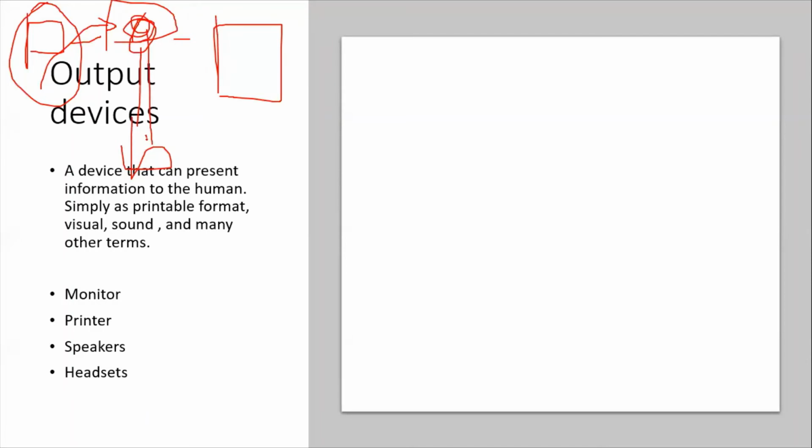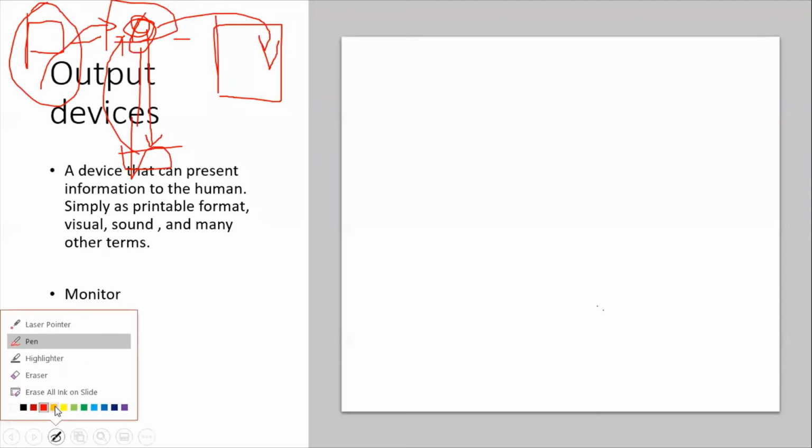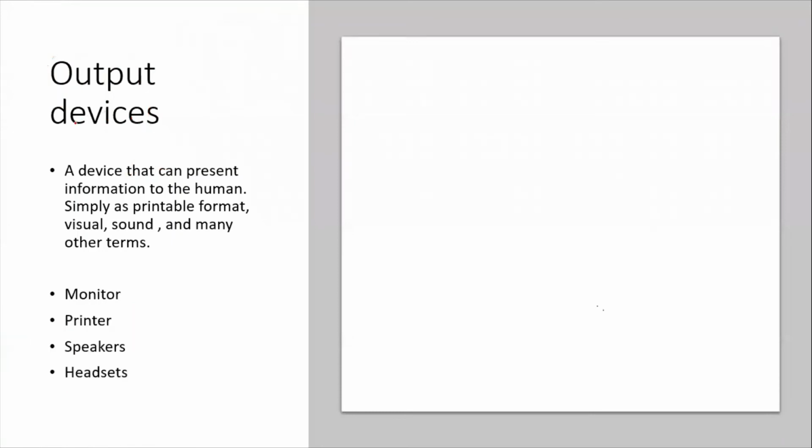If you want, you can store the data, and sometimes the stored data can be processed here, and extracted, or provided to the outside as information. How it performs this is by using an output device. Now we'll learn about output devices.